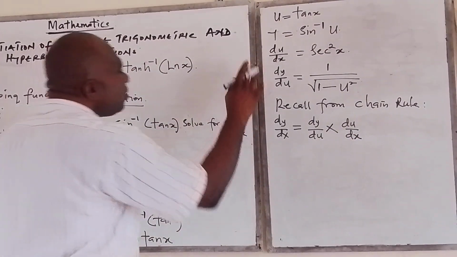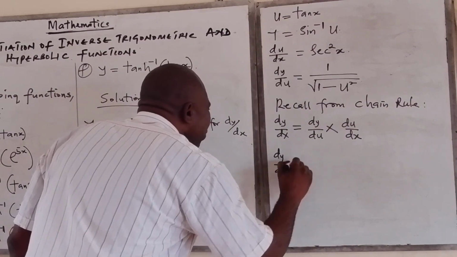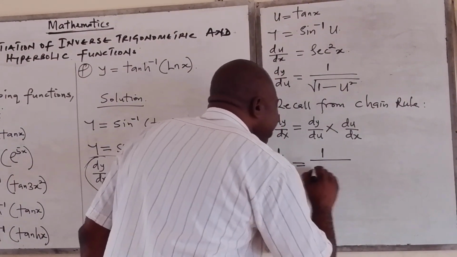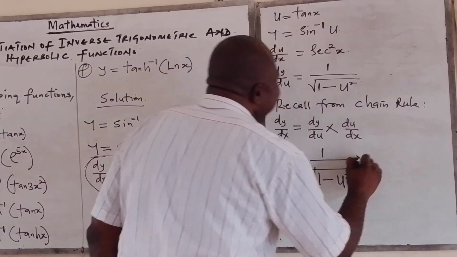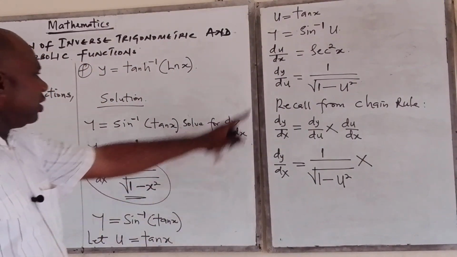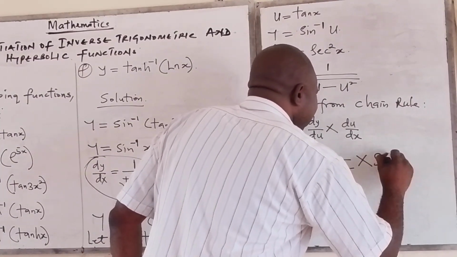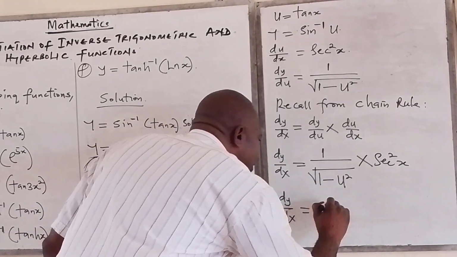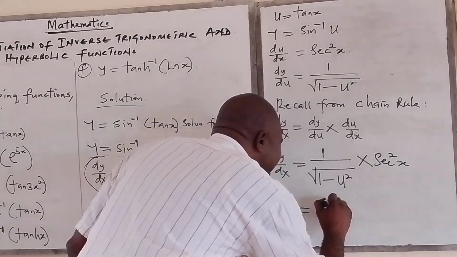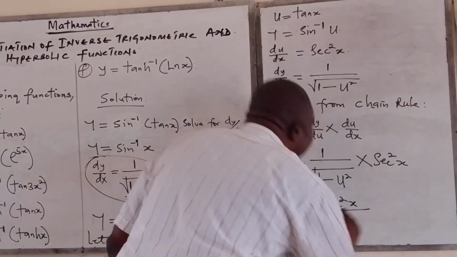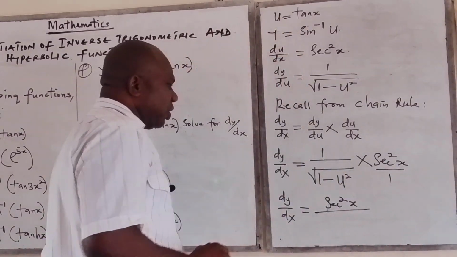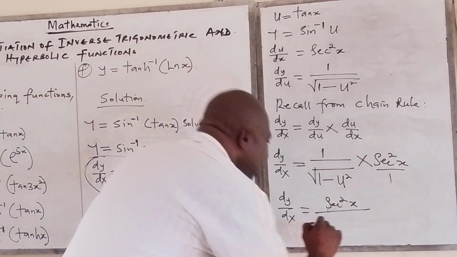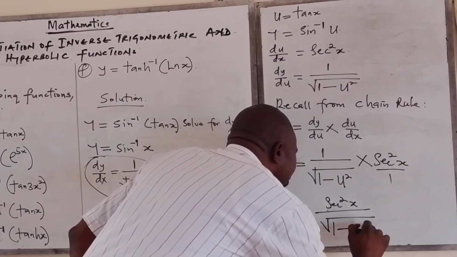So it means in this case, dy over dx will be equal to dy over du, which is 1 over the square root of 1 minus u squared, times du over dx. du over dx is sec squared x. So it therefore means that dy over dx will be equal to 1 times sec squared x, which is sec squared x, all over the square root of 1 minus u squared times 1, which gives the square root of 1 minus u squared.